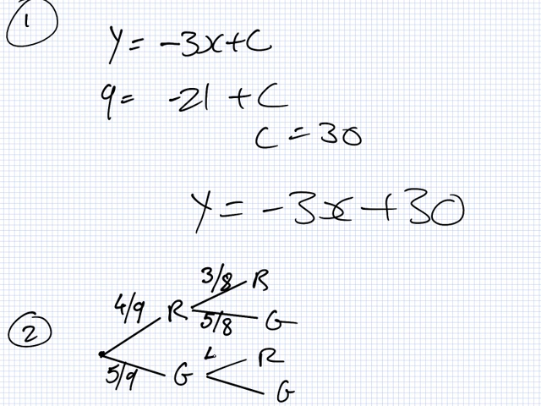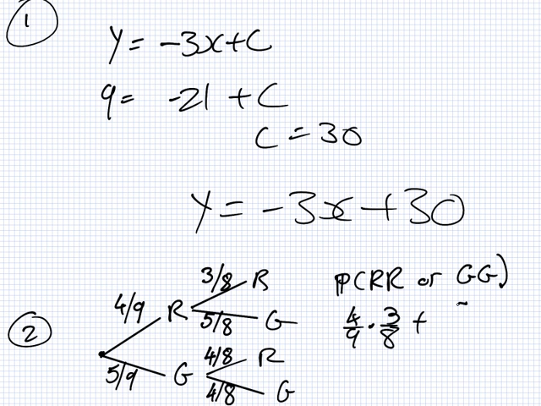This one will be 4 over 8 and 4 over 8. I hope you got that. Lastly, they want the probability of red or green because they said the same colour. So that would be 4/9 times 3/8 plus 5/9 times 4/8, which is 4 over 9.